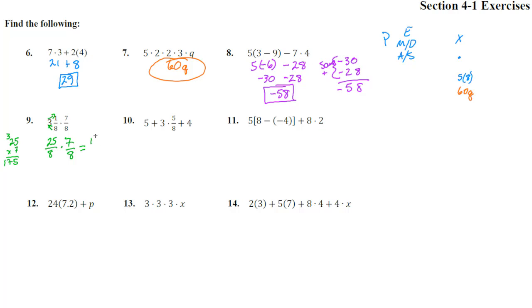So 175 over 64. Looks like we could leave it that way, or, oh boy, what does that look like? 175 over 64. Let me see, 6 going into 17.